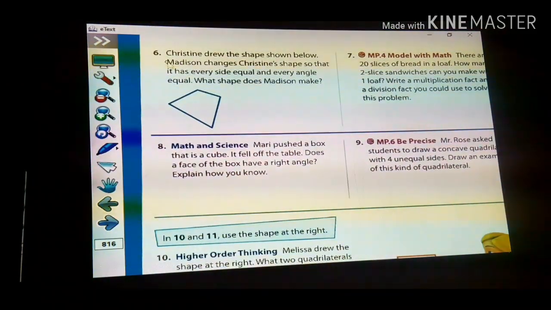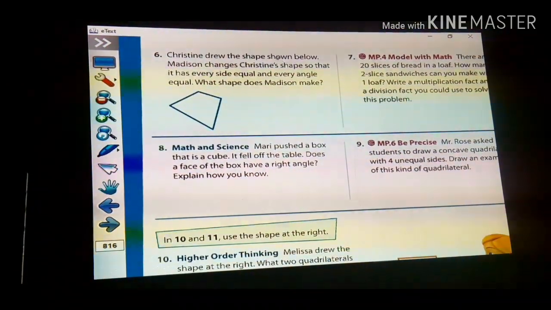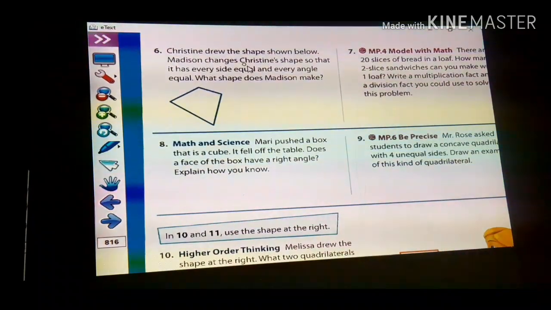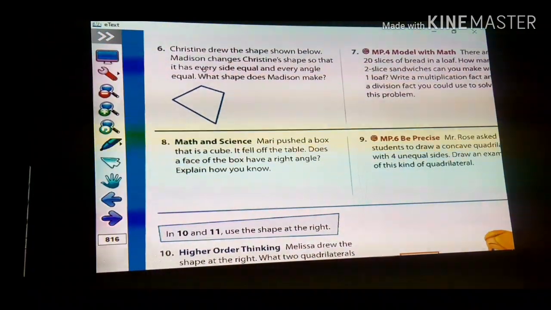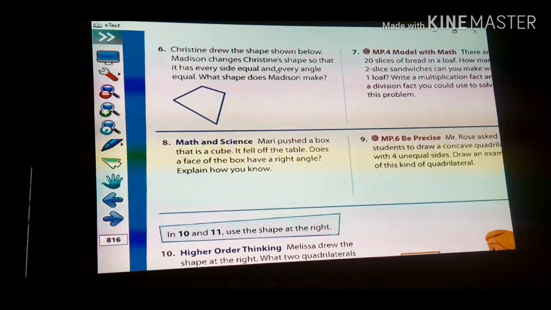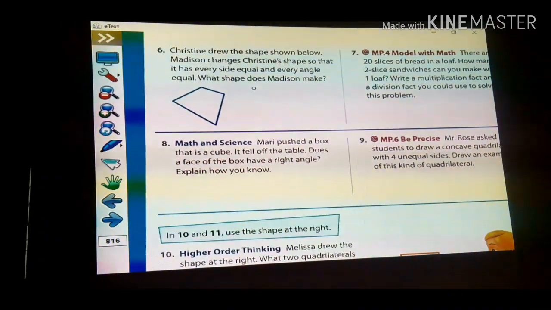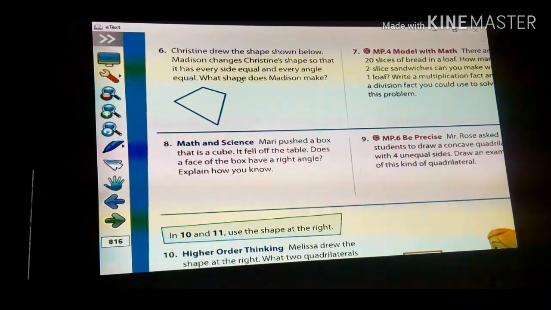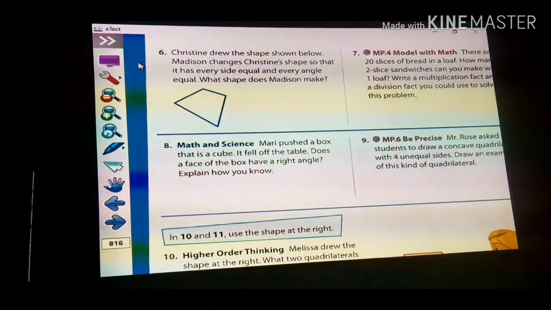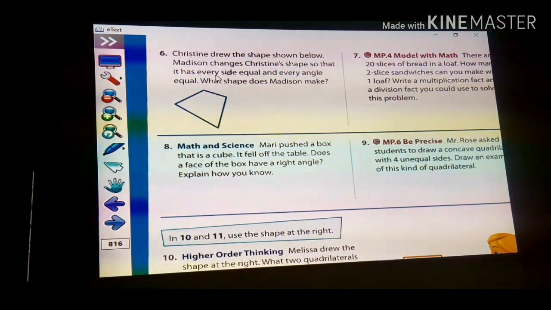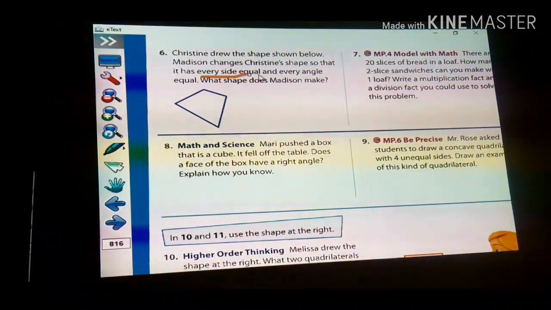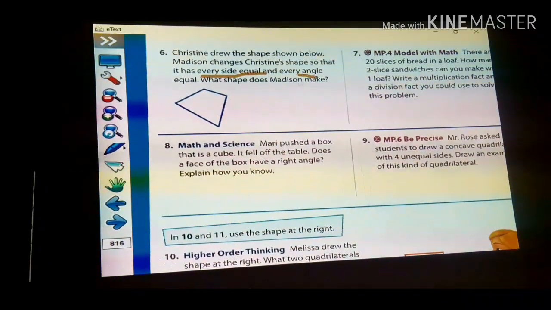Number 6. Christian drew the shape shown below. Madison changed Christian's shape so that it has every side equal and every angle equal. What shape does Madison make? Remember, when they change the shape, every side is equal and every angle is also equal.